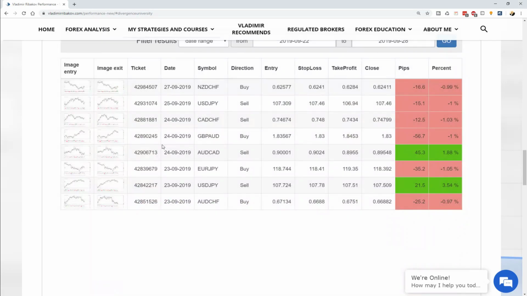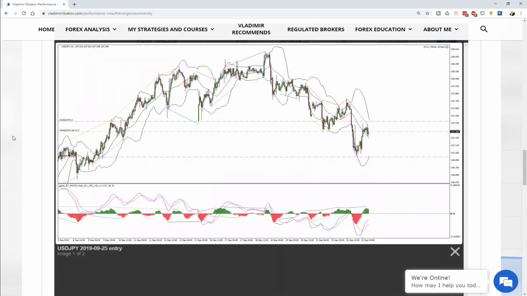By the way, CAD franc developed very nice afterwards and triggered the bullish scenarios, which we are going to cover in another video. Well, actually 2 more left, so let's go ahead and cover them really quick. Dollar yen, hidden divergence.